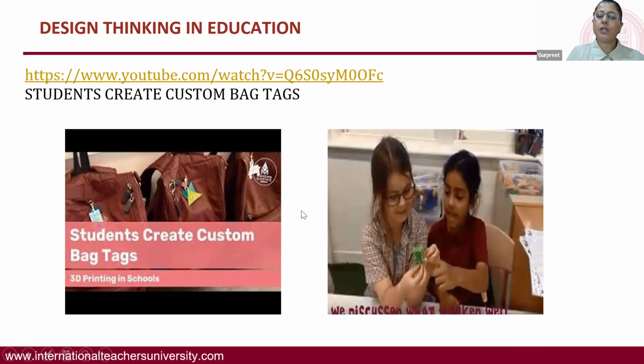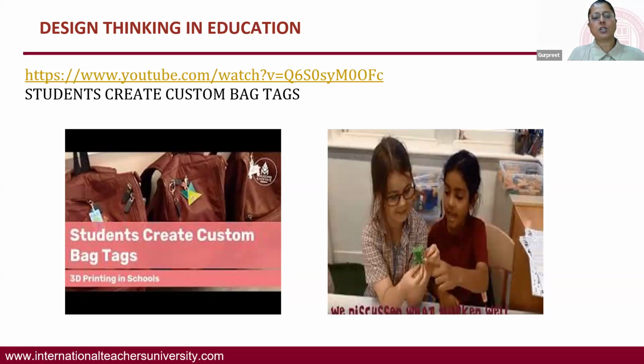But when they return, it is difficult for them to recognize their own bags because all the bags are the same. So how do they come across the solution? They work upon it and create bag tags. They stick the bag tags with the initials of their names on the top of each of their bags. So that worked. When they come back, they could recognize their bags and they could work upon this problem.